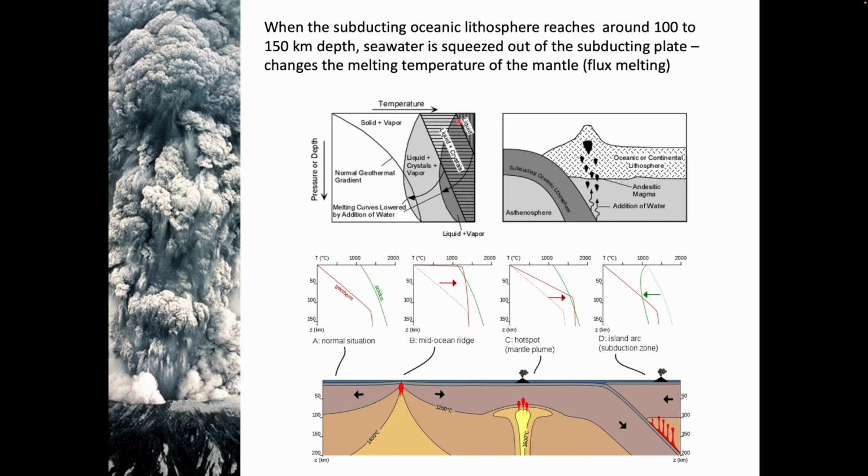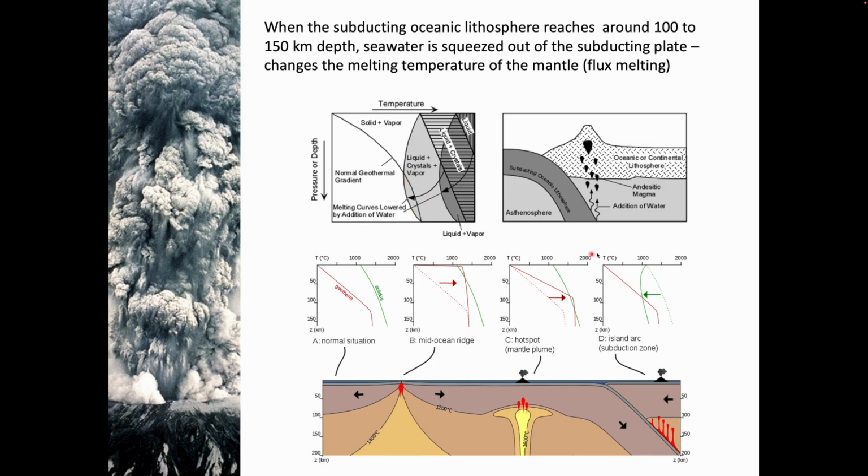And then we have the liquidus here, where everything is molten and we have just a liquid. But when we add water, those phase boundaries curve like this and start to intersect the normal geothermal gradient, and the melting curves, they're called, get lowered by the addition of water, and we have melting here at about 100 to 150 kilometers depth within our subducting oceanic lithosphere.